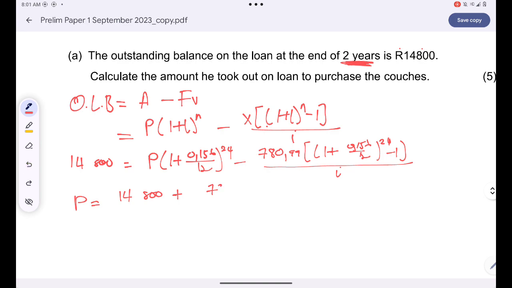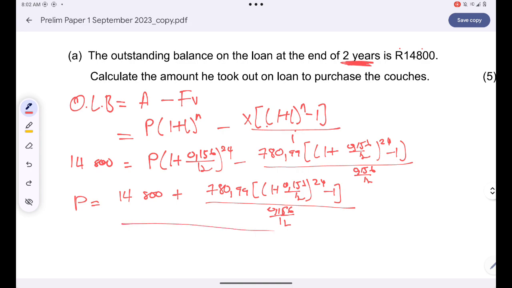So that's 780.99 times [(1 + 0.156/12)^24 minus 1] all over 0.156 over 12.